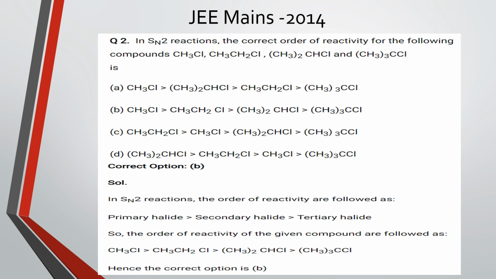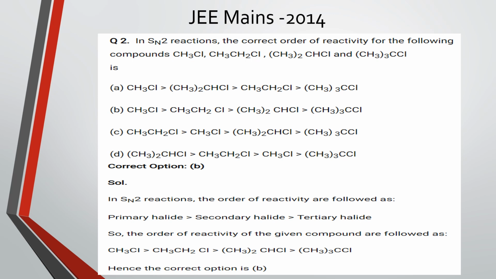The second question is from JEE Mains 2014. In SN2 reactions, what is the correct order of reactivity for the following compounds: CH3Cl, methyl chloride; CH3CH2Cl, ethyl chloride; (CH3)2CHCl, isopropyl chloride; and (CH3)3CCl, tertiary butyl chloride.